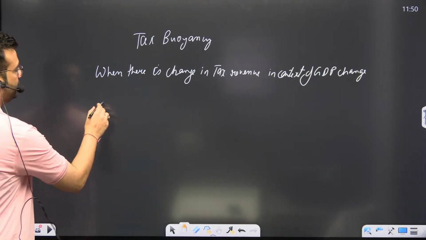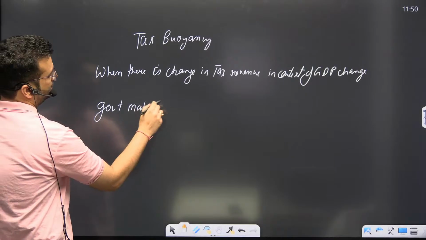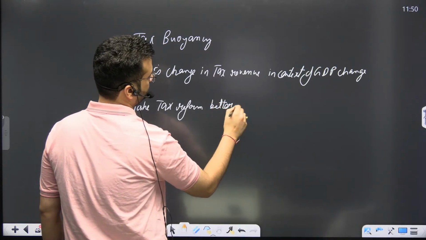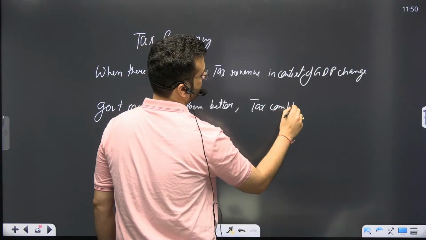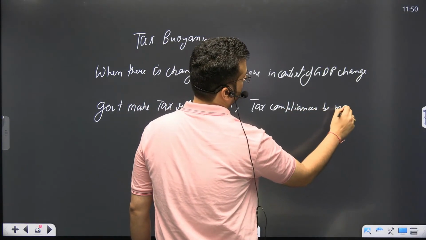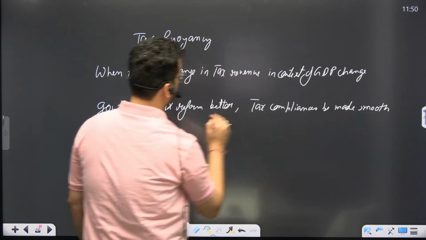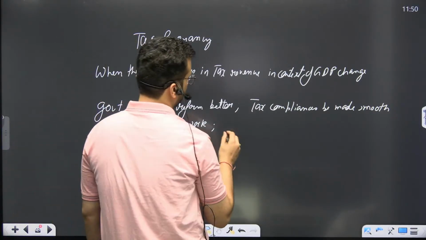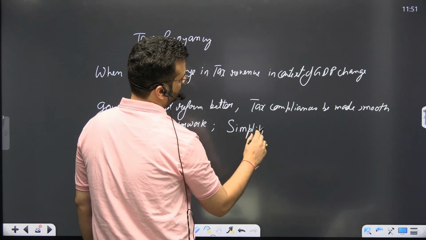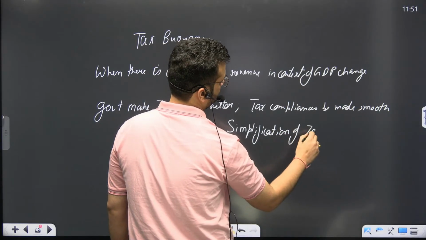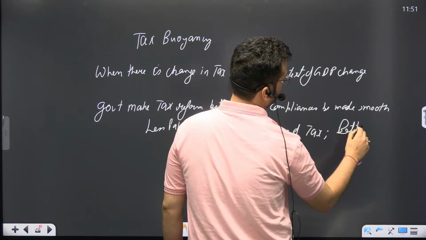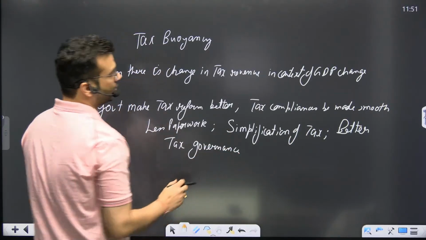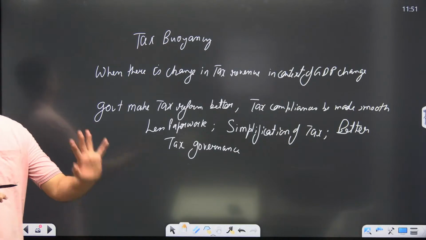Now, remember this, friends. If the government makes tax reforms better, tax compliances smooth, less paperwork, simplification of tax, better tax governance, all these things will create tax buoyancy.